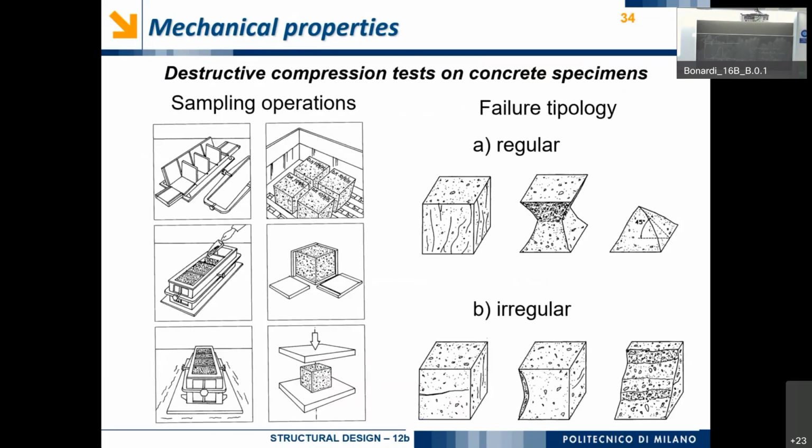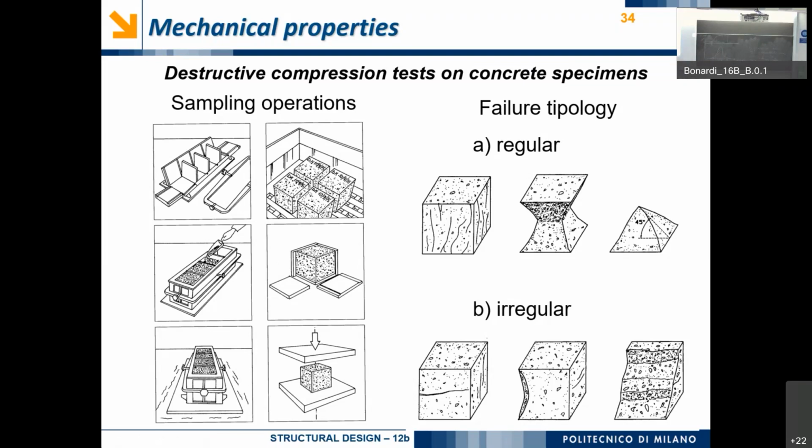Now, these are just some images of how tests are performed, but we have already seen the video. So if you want to know something more, you can look for other videos online. Basically, we cast several elements and we perform a compression test on each of them so that we can run some statistics. We try to understand both the level of stress that is associated to the failure and the typology of failure.